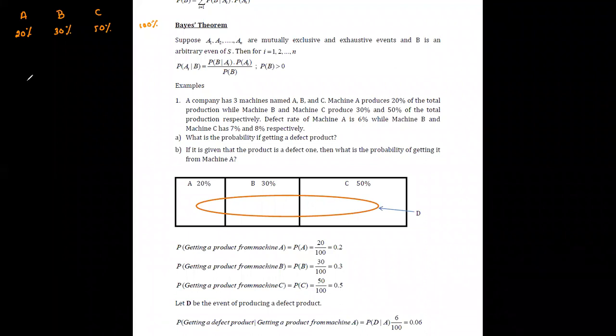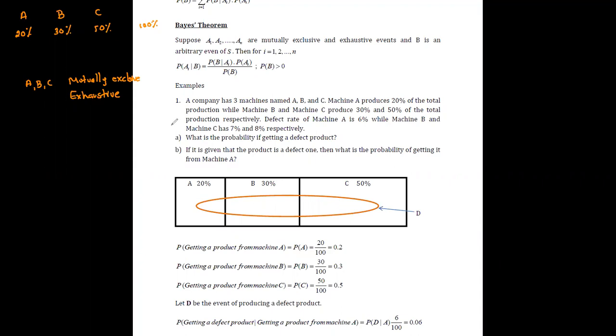Therefore, we can say that A, B, and C are mutually exclusive events, as well as exhaustive events.